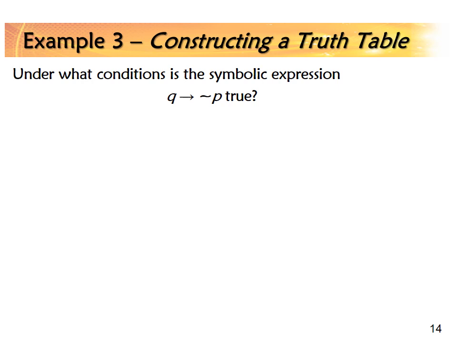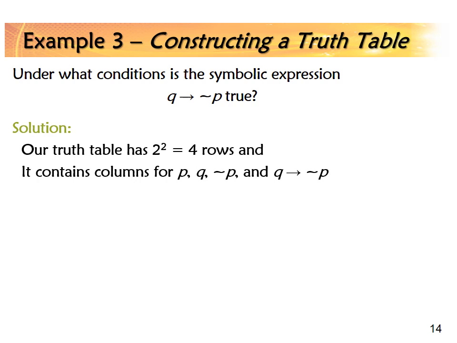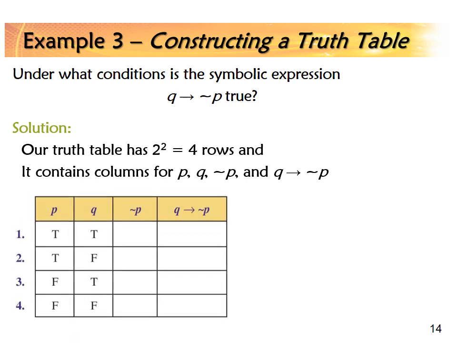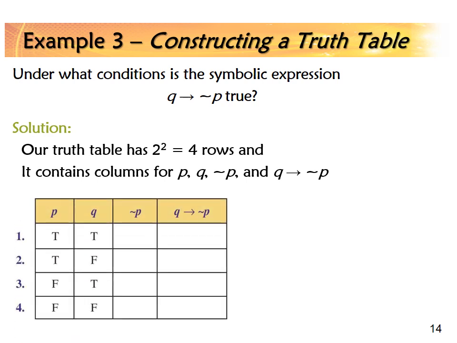So under what conditions is this symbolic expression true? Our truth table has rows, and it contains not P, and then Q, then not P. Okay? So there's our row right there. So we have these columns that we need.